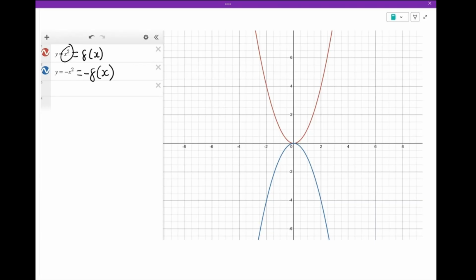Now let's look at the graphs and try and see what's happened here. Well, it looks like the red graph has been flipped to get to the blue graph. But what transformation represents flipping? Well, that would be a reflection. And when we describe our reflection, we have to state our line of reflection, which I think is quite clearly the x-axis. So it's a reflection in the x-axis.